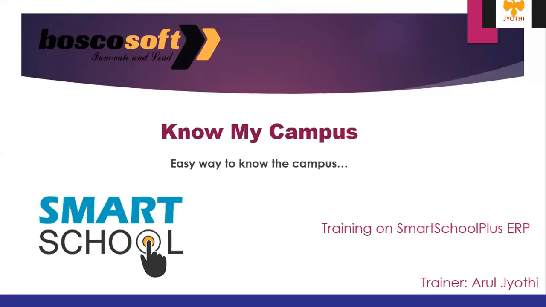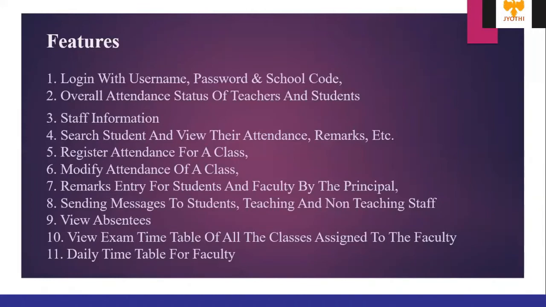So these are the features we have. Now I'll show you first the principal and teacher app. Next I'll show you the parent one. The first one, principal app: with the login username and password, we are providing the school code. Every school has an individual school code with the username and password. With the school code they can log in.